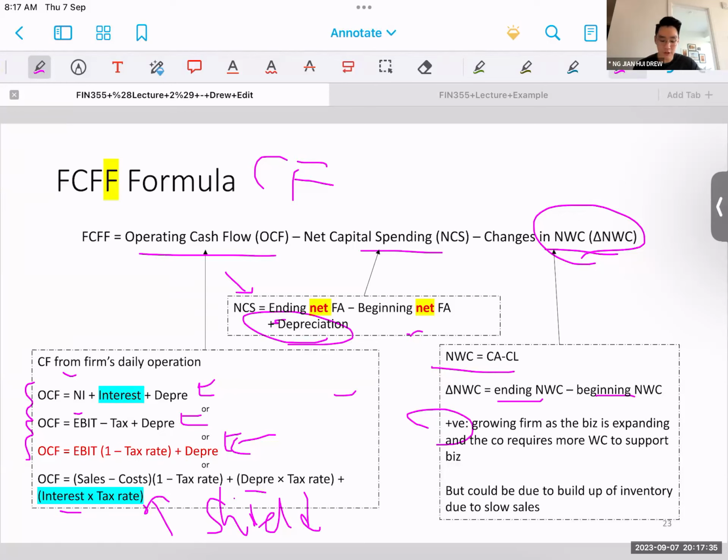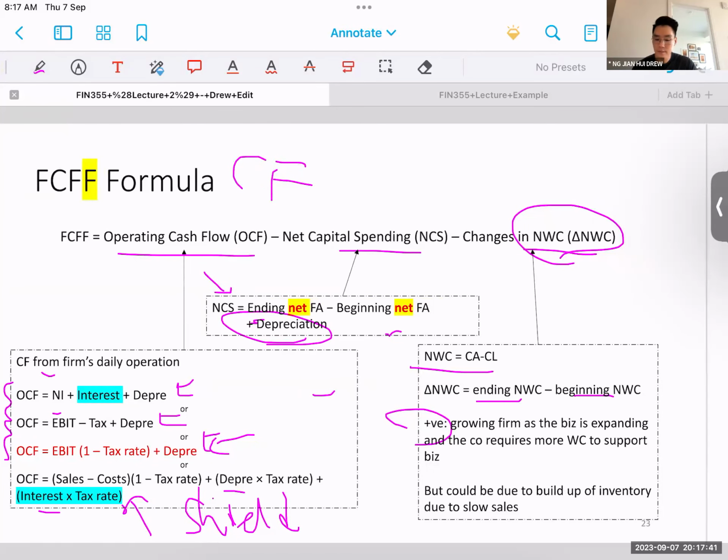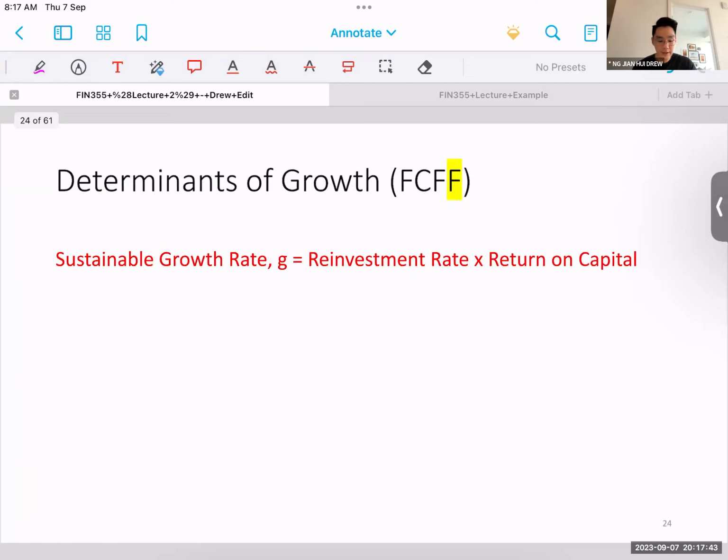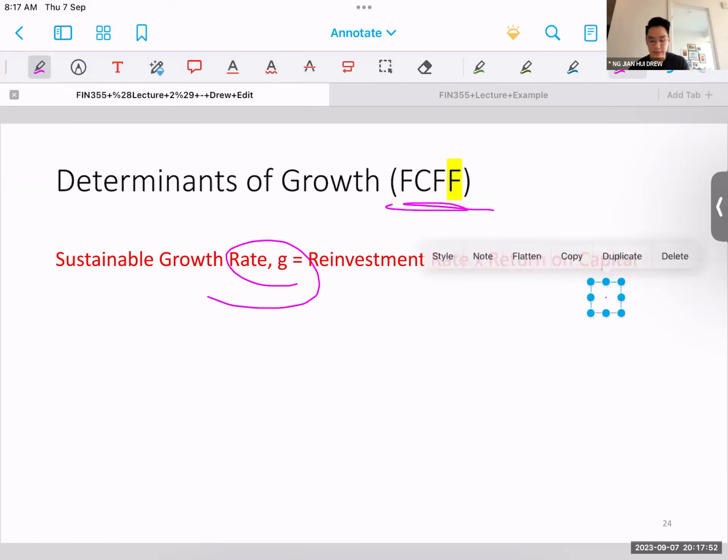So it is very important to understand where all the small components come from. This is to highlight again that the growth rate for FCFF is the return on capital, not return on equity. It's important.